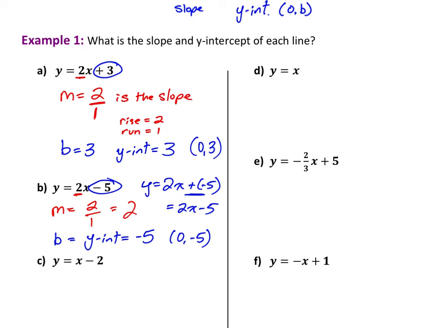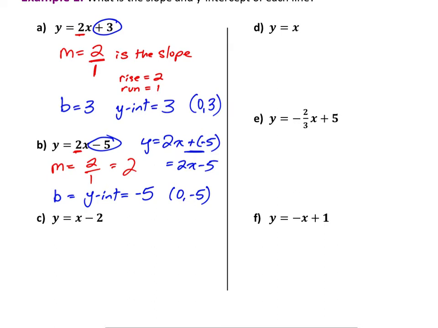For example C, just move up a little bit, it appears that we don't have a number multiplied in front of the x term here, but we do. When there's no number written in front in a multiplication, that means that we're just multiplying it by 1. So it's not that this line would have no slope.